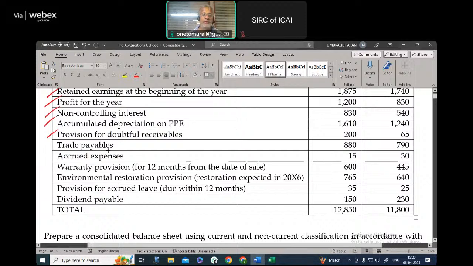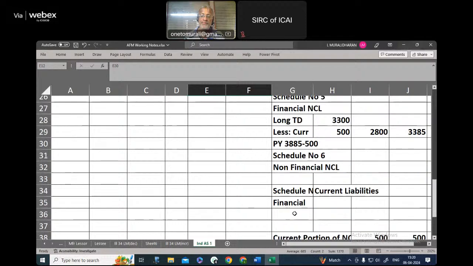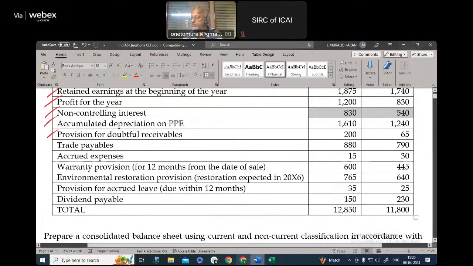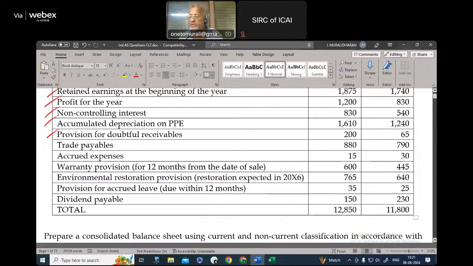Then this is trade payable, 880. Trade payable 880 and 790.